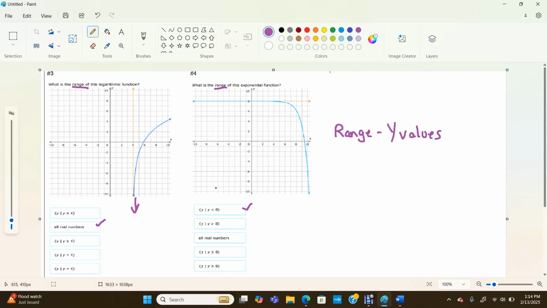On this one, they're also asking for the range, and we can see that there is an asymptote right here at 8. So written in this notation here, that's going to be where all the y numbers will be less than, but not equal to 8.